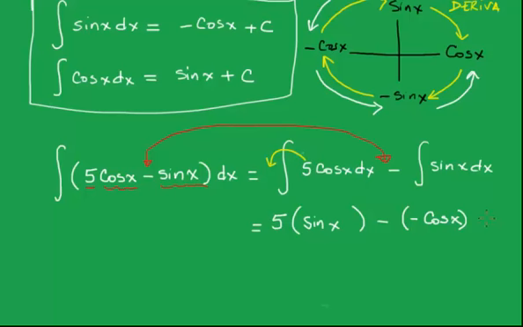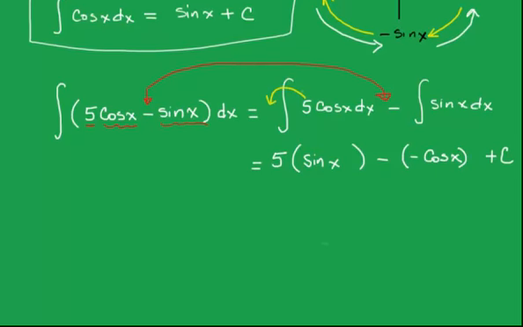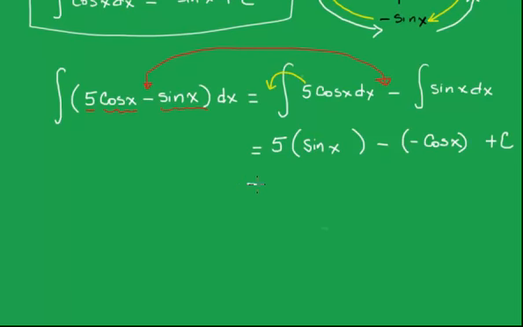And of course, when you're done, you add the constant of integration. We can simplify further. So 5 sine x, and then minus times minus is plus cosine of x, plus the constant c. So this here is the answer.